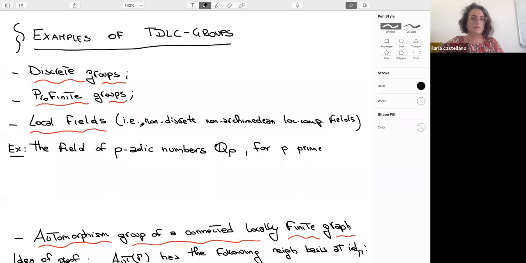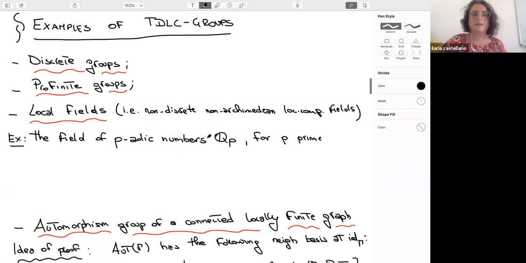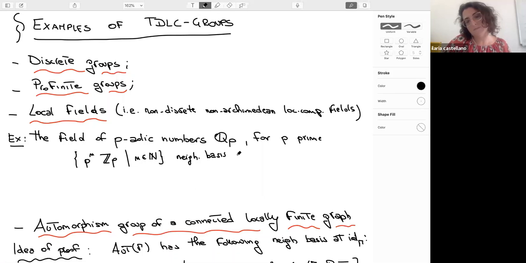An example of this kind of field is the field of p-adic numbers Q_p for a given prime p. And how do we see that this is totally disconnected and locally compact? Okay, there are various ways you can do that, but from the point of view of Van Dantzig's theorem, we look at the basis at the identity, which is given by p^n Z_p, where Z_p is the unit ball in Q_p, so I can just go down, make it smaller and smaller, so n is in N, and this is a neighborhood basis at 1_G.